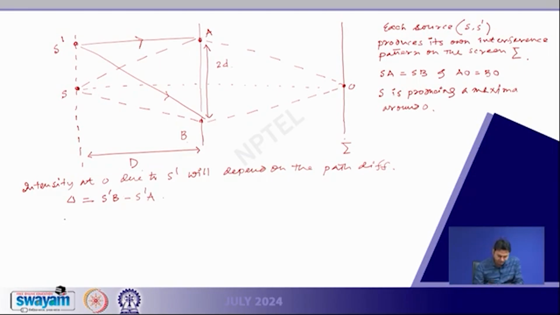So I can have S prime B square using the Pythagoras theorem.